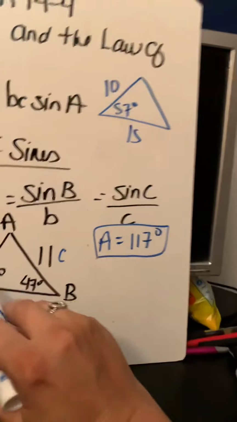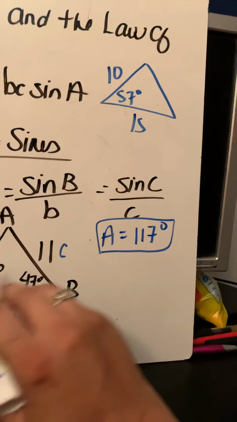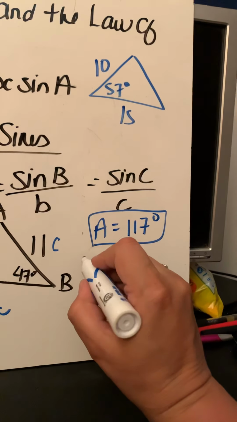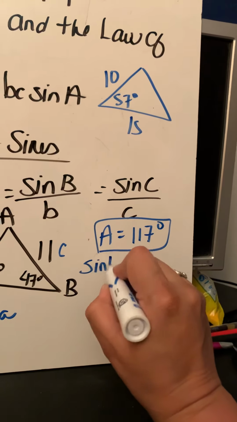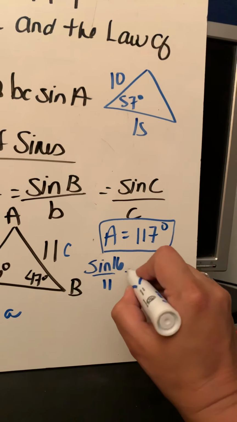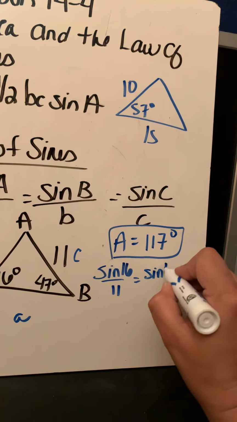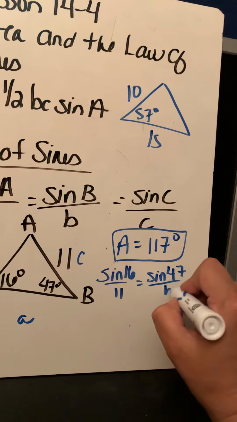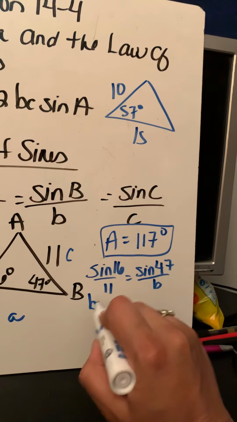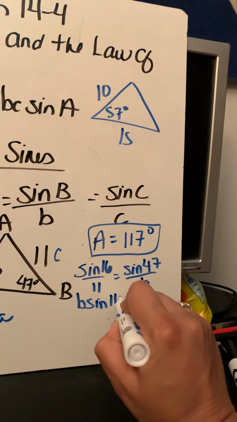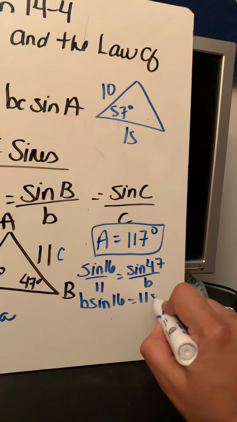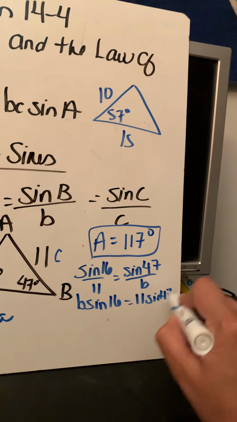I'm just going to go ahead and use the C's because I already have them. So I'd say sine 16 over 11 equals sine 47 over little b. Cross multiply to solve. b sine 16 equals 11 sine 47.